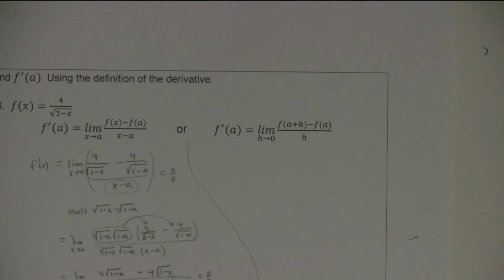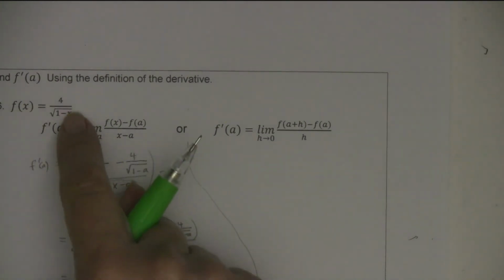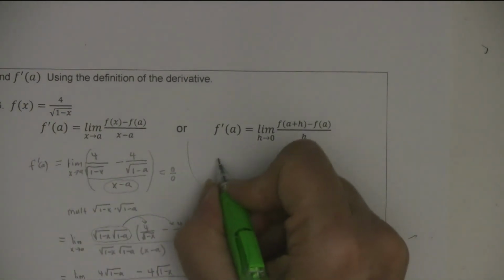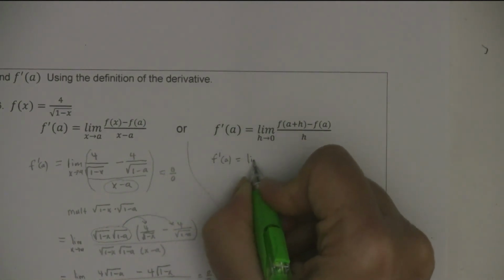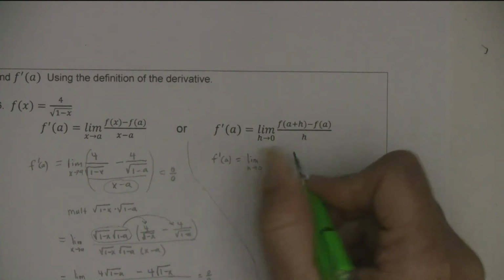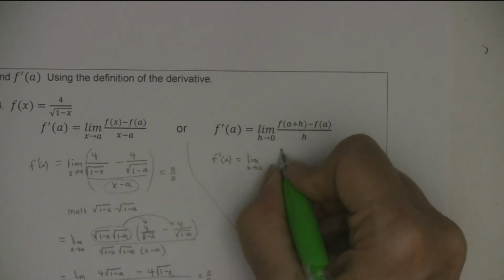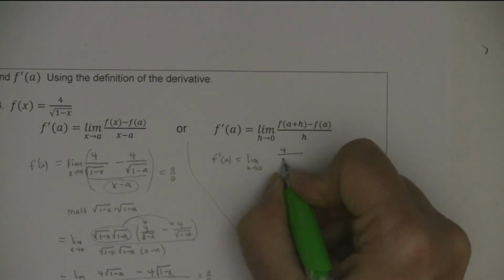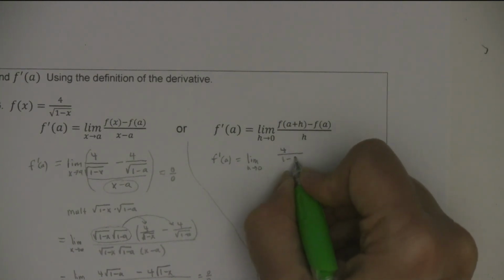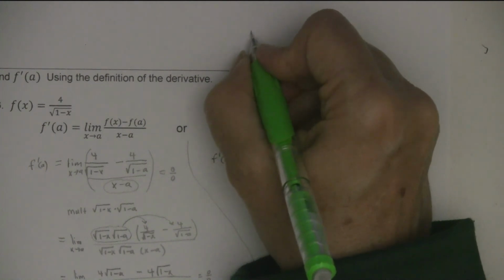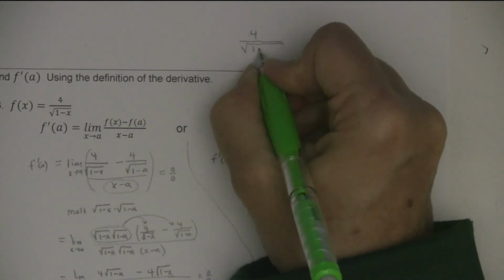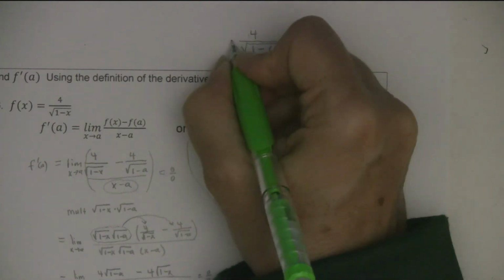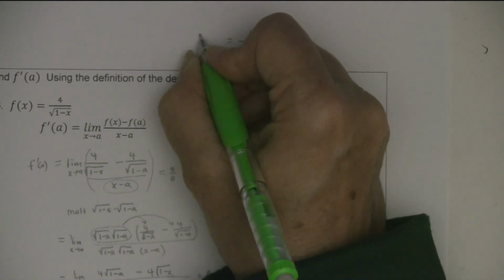So we're going to have, when we plug in a plus h, f prime of a, the limit as h goes to 0, and we're going to have 4 over the square root of 1 minus, and you fill in the blank, right?